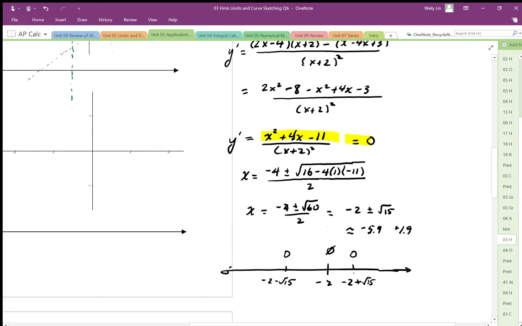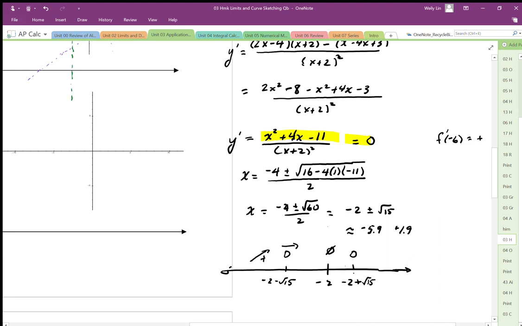So if I plug into my derivative function, f prime at, let's do -6. If I put -6 into here, it's 36 minus 24 minus 20 minus 11 is going to be positive. Okay, so we have positive slope going through here.